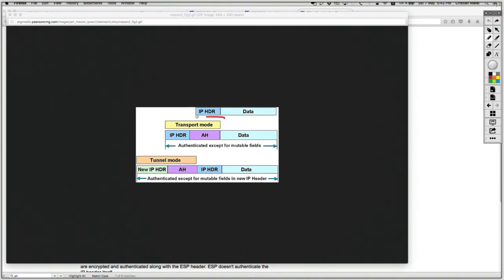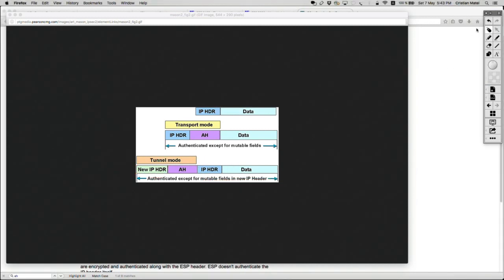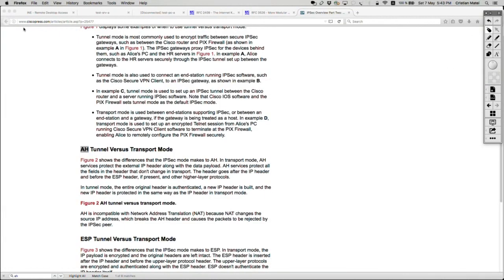If I use AH in transport mode, as you can see, the original IP header is being preserved, and AH is going to just encapsulate the payload, the data. If I use tunnel mode, then AH is going to encapsulate the initial packet as it was with both the IP header and the data. And we add a new IP header in there, which is going to be the IP addresses of the VPN gateways. And of course, ESP is going to be the same thing.